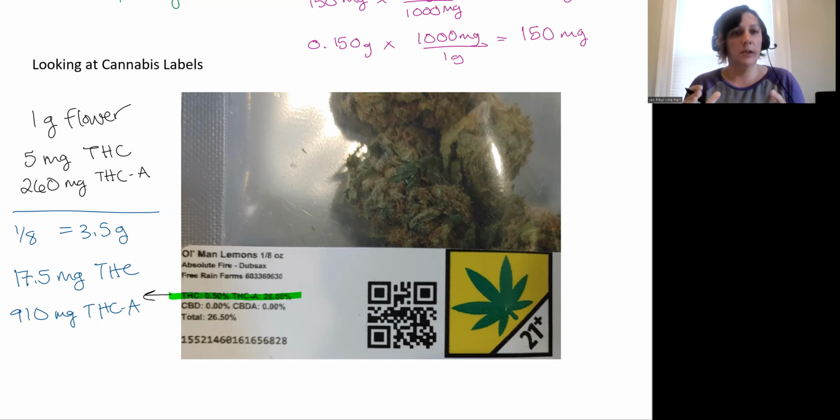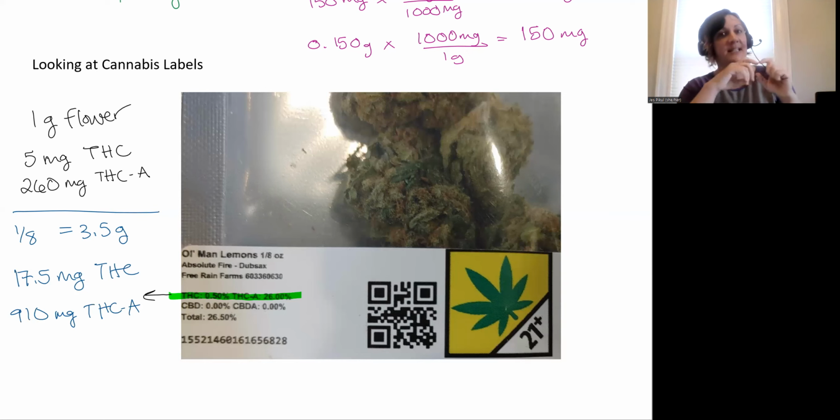And so that THC quantity seems really low, right? It's very specific that both the THC and the THCA content is being reported here, because we'll talk about this in a later part of the quarter. The decarboxylation of THCA produces THC, and that process can occur just by heating the material below its vaporization point.